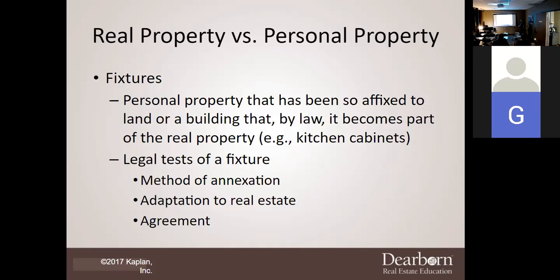Now here's another one that's fun. Miss Linda decides that, because she's actually done this before, she wants to have this nice big stove in her kitchen. And so she modifies her cabinet to fit this nice big stove.